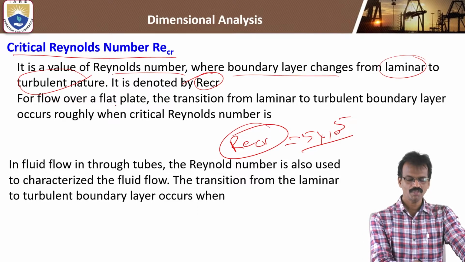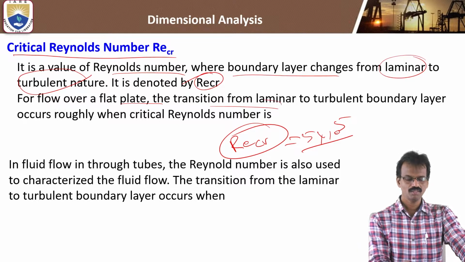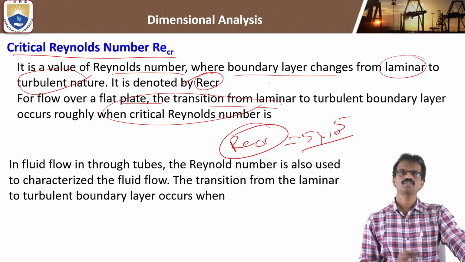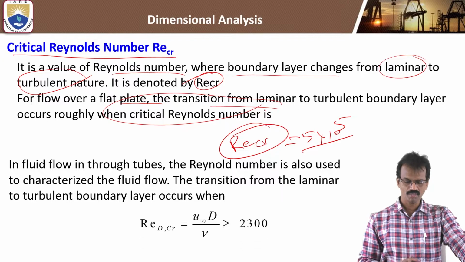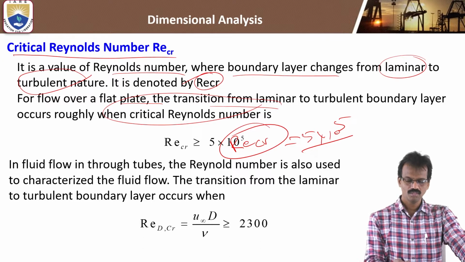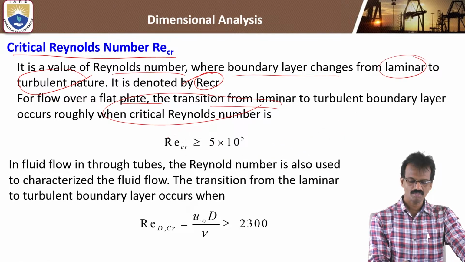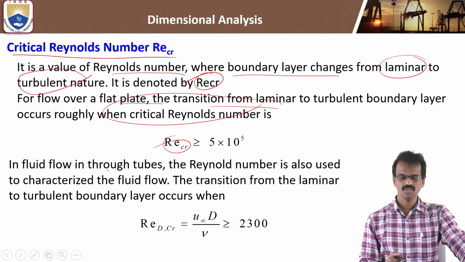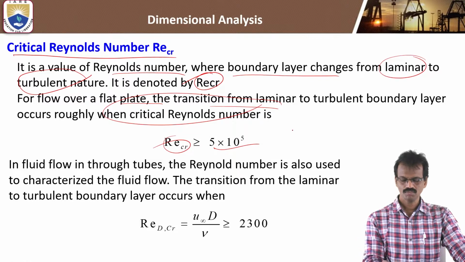For flow over a flat plate, the transition from laminar to turbulent occurs roughly when the Reynolds number is greater than or equal to 5 into 10 to the power of 5. So 5 into 10 to the power of 5 is the critical Reynolds number.